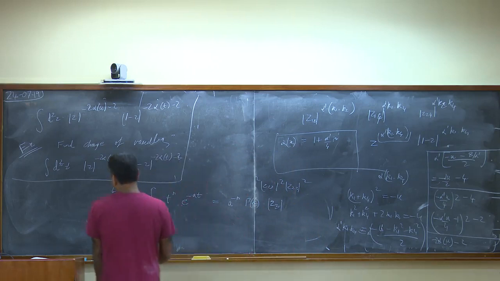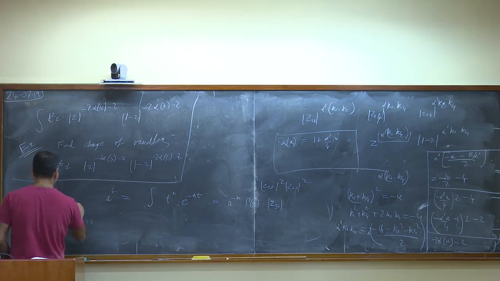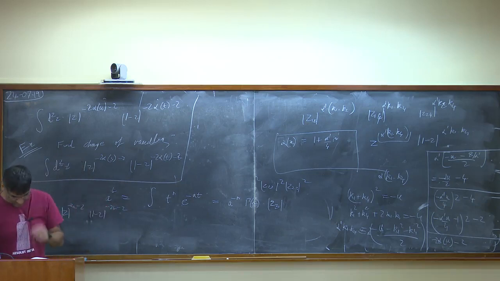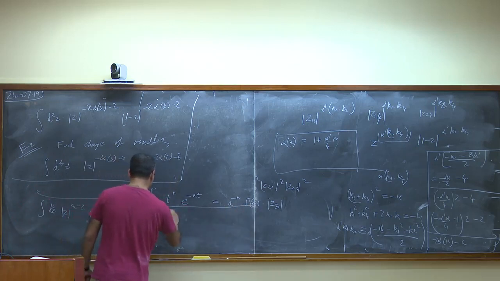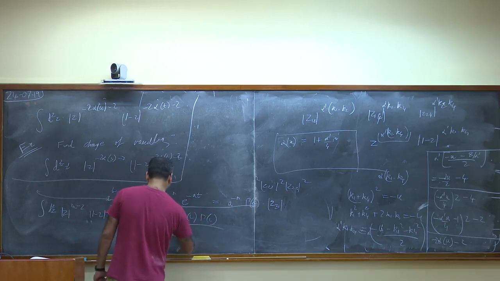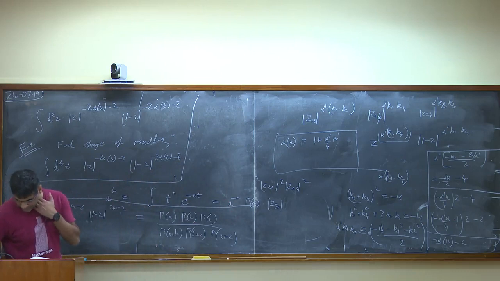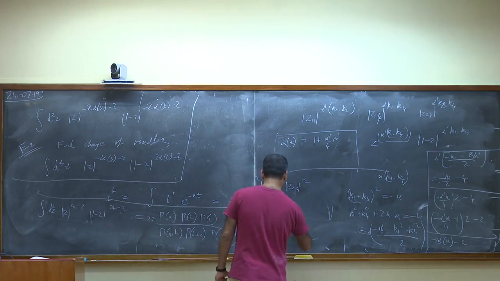And you will be able to show the following: the integral d²z, |z| to the power 2a minus 2, |1 minus z| to the power 2b minus 2, so this is a general formula I'm giving you, is equal to 2π times gamma of a, gamma of b, gamma of c, divided by gamma of a plus b, gamma of b plus c, gamma of a plus c, where a plus b plus c is equal to 1.